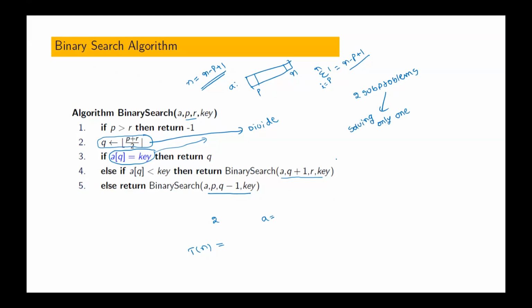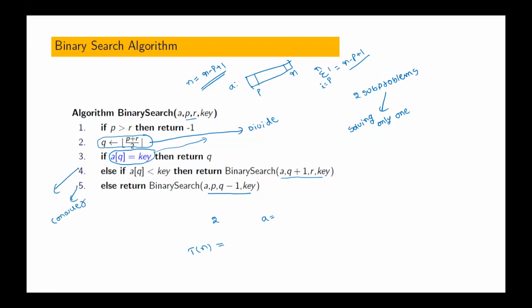Now you tell me what is the conquer step here? Which step number? Steps 4 and 5. Both are conquer steps. This and this both are conquer steps. Is there any combine step in this algorithm? Not there.